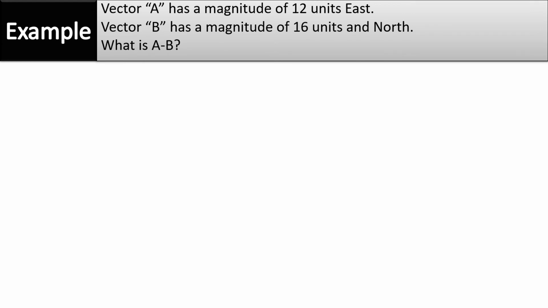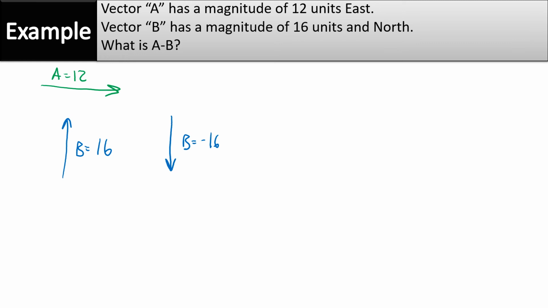So for vector A, we have a magnitude of 12 units east. And vector B has a magnitude of 16 units north. So if we wanted to do A minus B, we'd have to redraw B, and we'll make it negative 16.